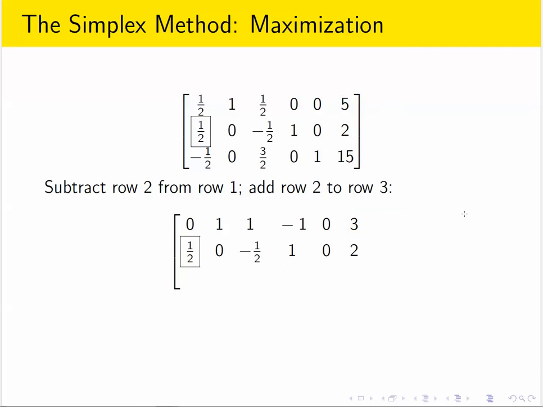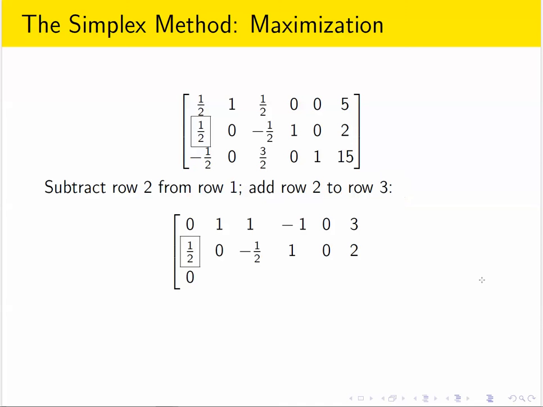Now the second row stays as it is. We're not changing the pivot row yet. We're going to move on to changing the third row. So I'm changing the third row, making this entry into a 0. And to do that, I'm going to add row 2 to that row. That way I get the 0 from adding the pivot to what's already there.